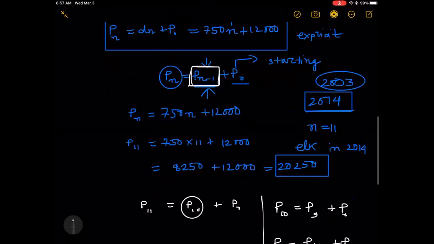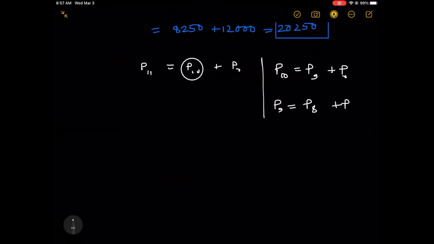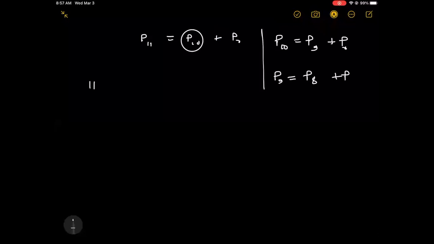But for the recursive format, if you go for a larger number, it gets really, really time consuming. So let's just see how it works. We'll not solve it for 11 years because it will take the entire class time.